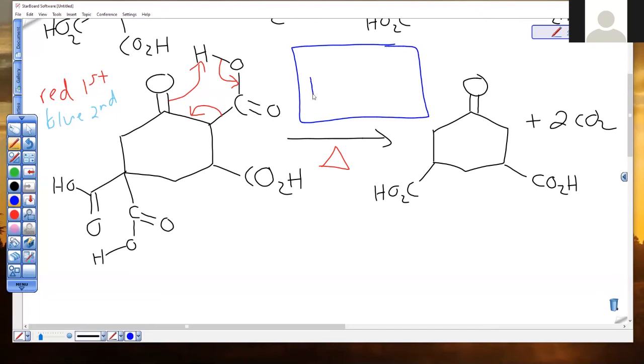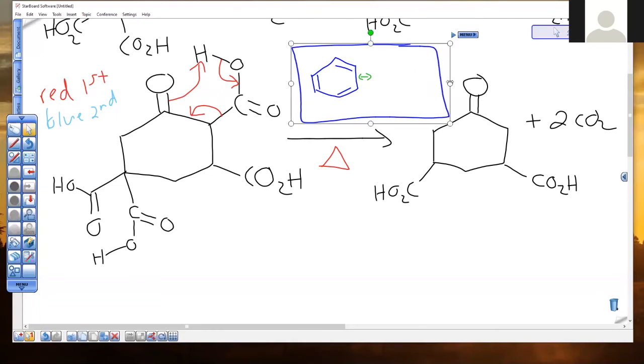There's a molecule that looks like this, and it's doing this all the time, becoming its other resonance form.